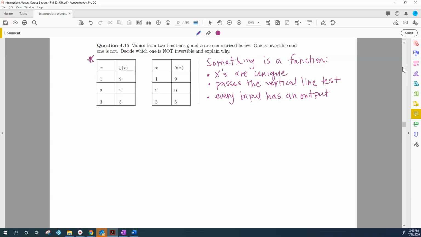So when something is a function, then we can find the inverse of that. So I want you to try and do something for me here. I want you to make another little chart. So maybe make that chart and then another little chart next to it or underneath it, however you want to do this. Okay, and here I want you to do x and then the inverse of g of x.